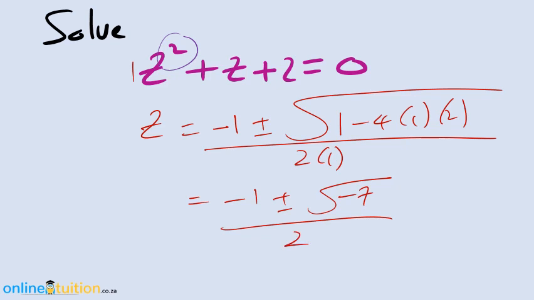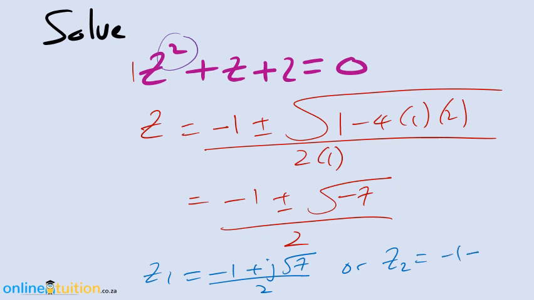So how do we write these as roots? Can't take the square root of minus 7? Yes, we can. So we've got 2 roots here: z1 is minus 1 plus j root 7 all over 2, and z2 is minus 1 minus j root 7 all over 2, because the root of minus 7 is of course j root 7.